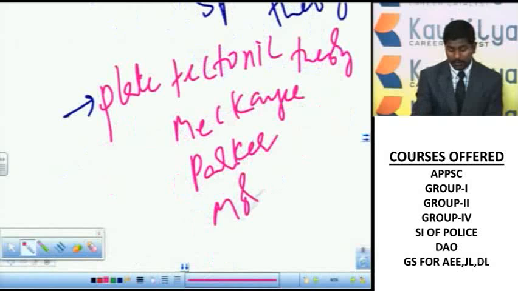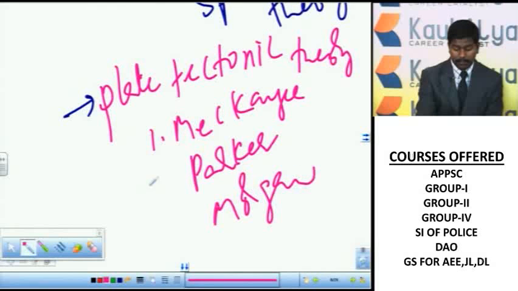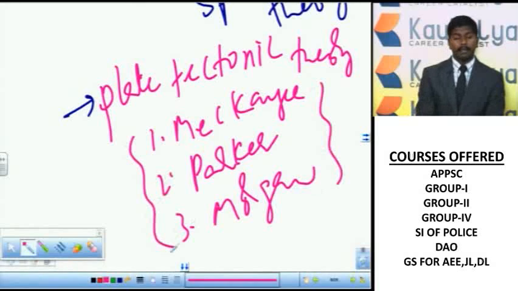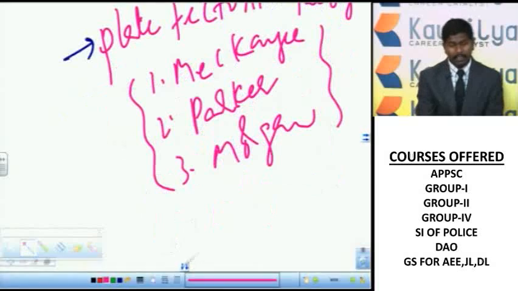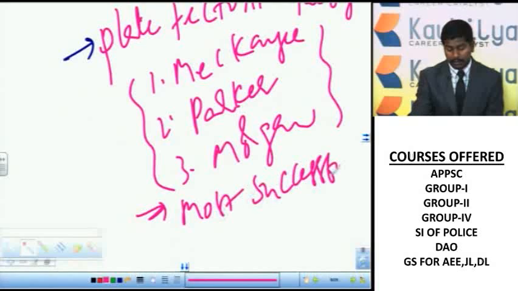These three people proposed the plate tectonic theory. It is the most successful theory, and here they could explain the drifting of the continents.